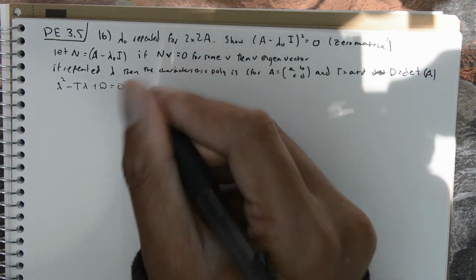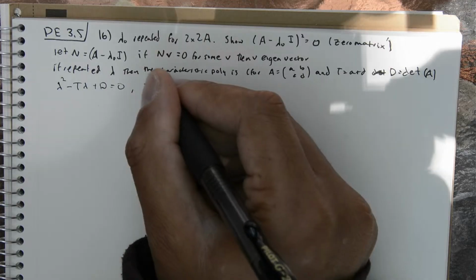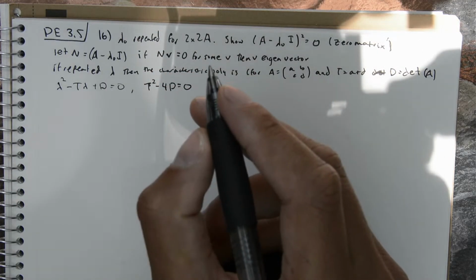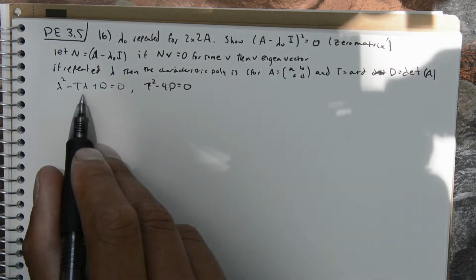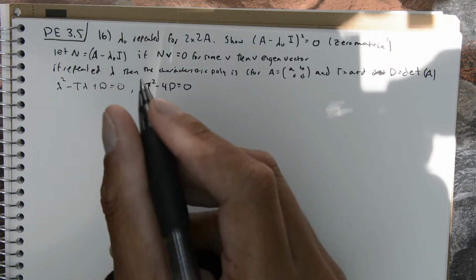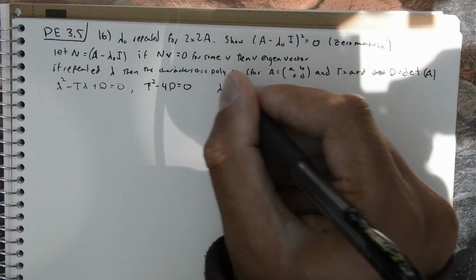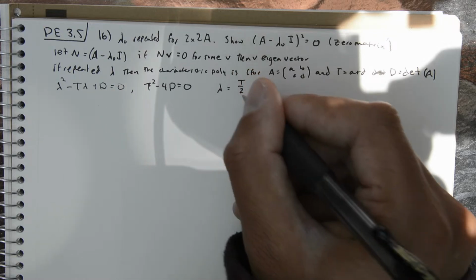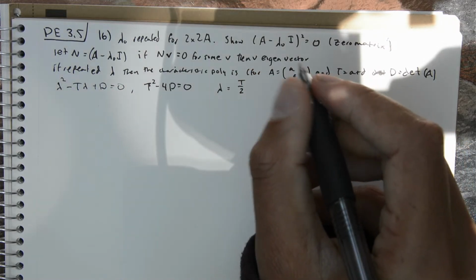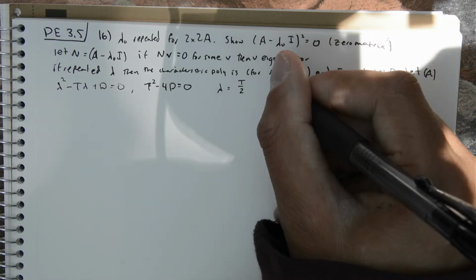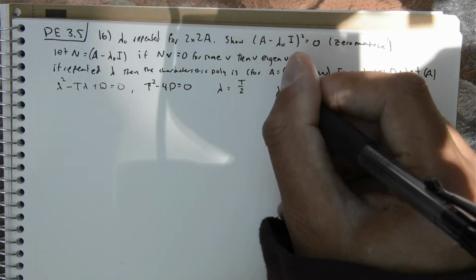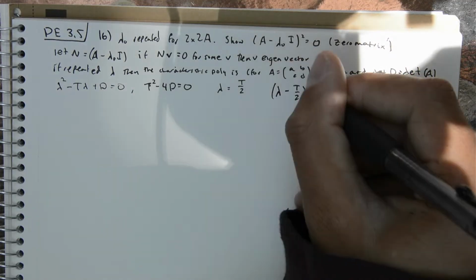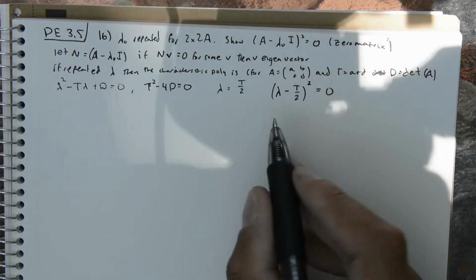And we already know, since it's repeated, that t squared minus 4d is equal to 0. And since it's repeated, that means we're going to get the roots lambda is equal to t over 2. I think that's right, t over 2. So then we're going to get lambda minus t over 2 squared equal to 0 as our characteristic polynomial.